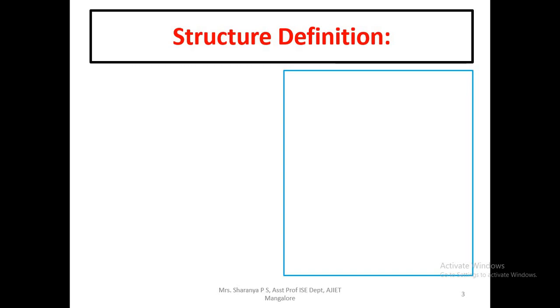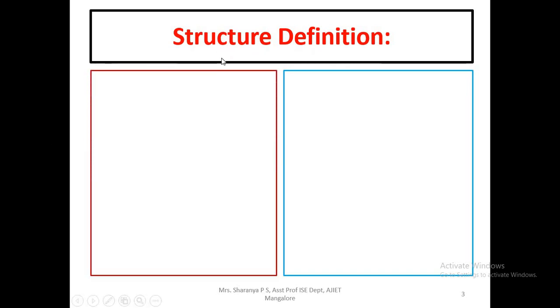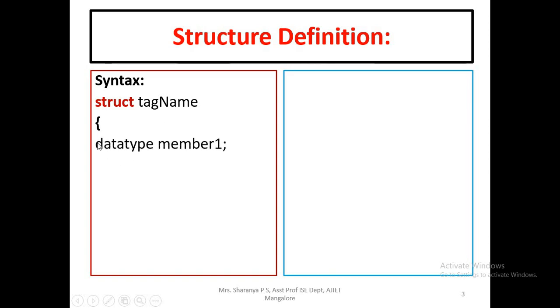Now, we'll see how we can define the structure. First, the syntax is as follows. We have to write the struct keyword. This is mandatory. And then we have to mention the tag name, like as we give a variable name, in the same way we are giving the structure name. And then we open the braces, and here we club together the different members of that structure.